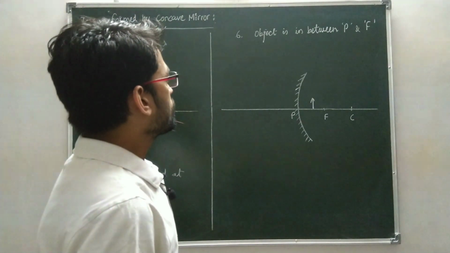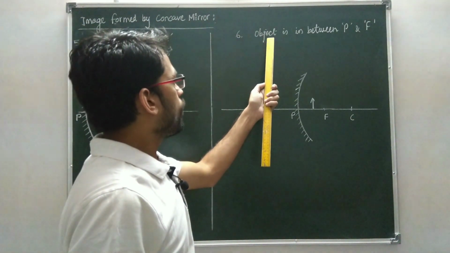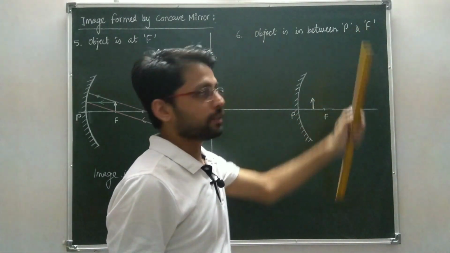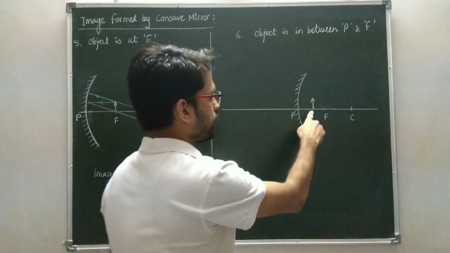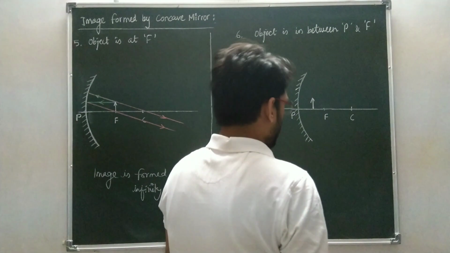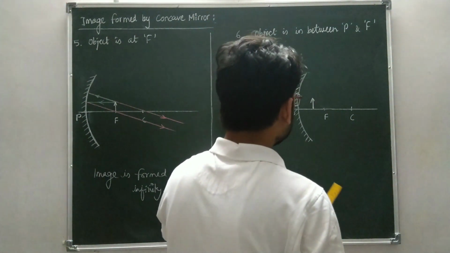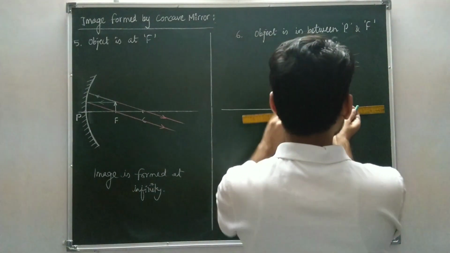The last case, when the object is in between pole and the focus. Okay, like that. So take two incident rays.